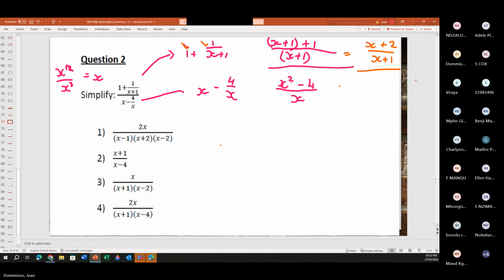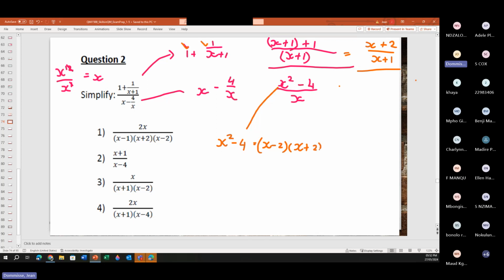Okay. Then if we factorize this, x squared minus 4, that will be x minus 2 times x plus 2.